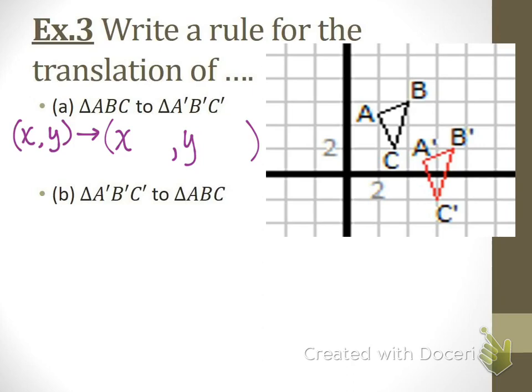You get to choose if you want to start at A, B, or C, or A prime, B prime, C prime. Now, if they're going from ABC to A prime, B prime, C prime, what triangle do you need to start with? ABC. Okay, so you pick a point, A, B, or C. Which one do you want to talk about? Okay, I heard B first.